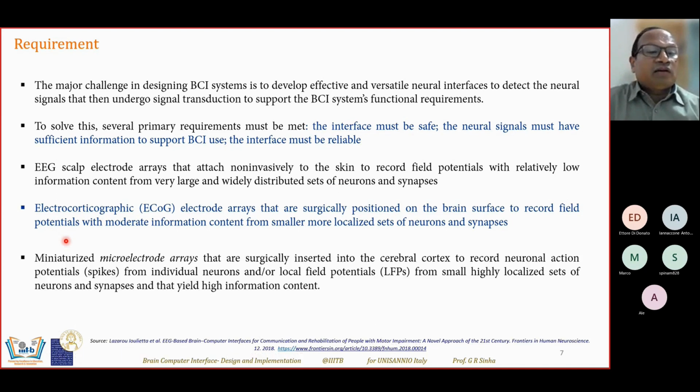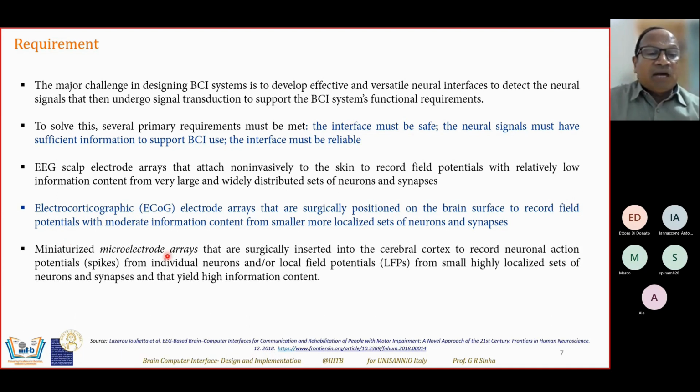But when you go for the other one, like microelectrode arrays, these are nothing but miniaturized sensors, data acquiring arrays. You can say microelectrode arrays are a kind of integrated circuit in the form of an IC. Miniaturized means a very small sensor, a smart sensor.